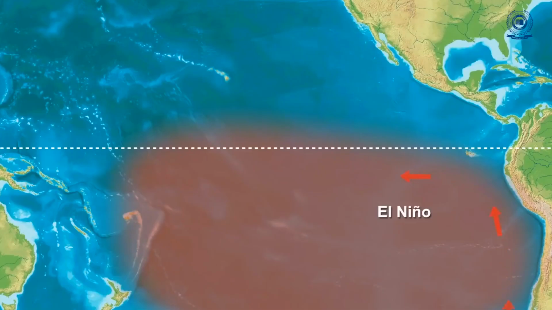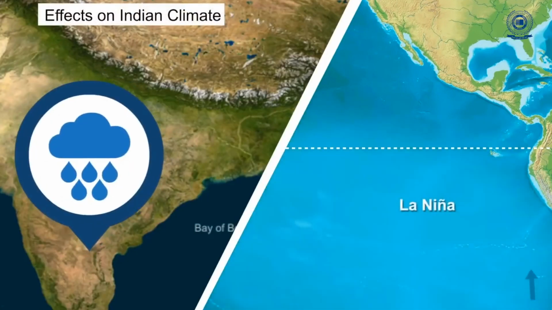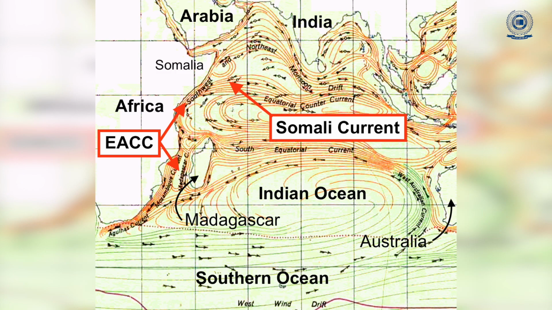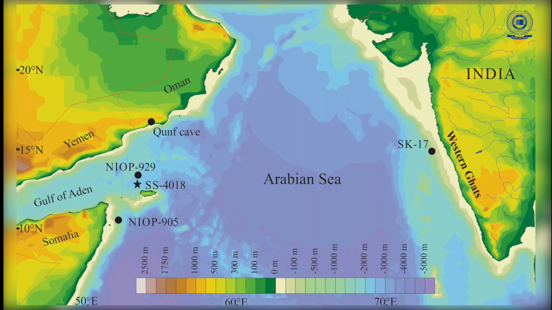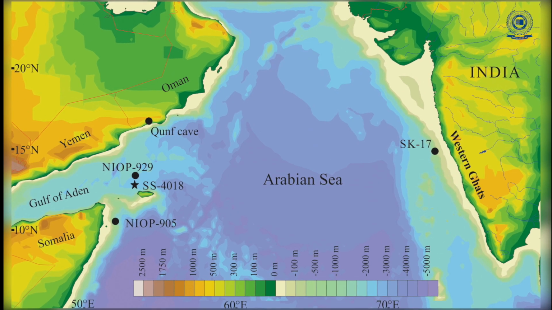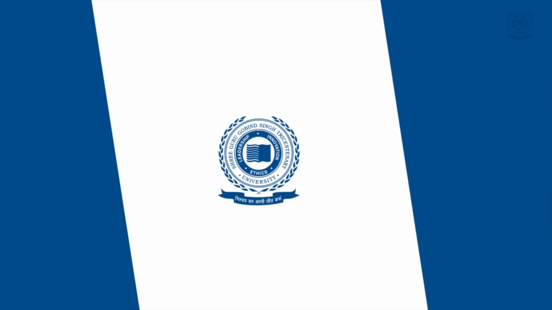The El Nino is the hot phase of Southern Oscillation and La Nina is the cold phase of Southern Oscillation. Sixth, Somalia. From Somalia, a jet stream, which is known as Findlater jet stream, moves towards the Indian subcontinent, further strengthening the monsoon.